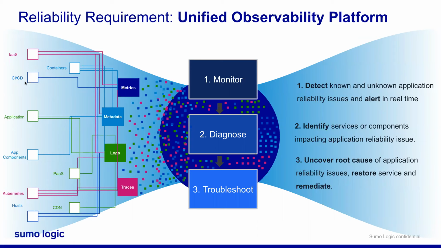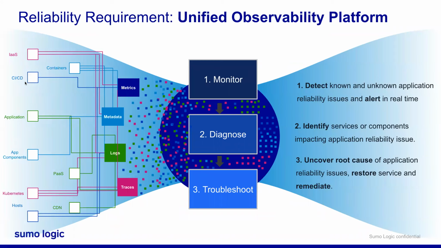Essentially, your data could be coming from your hosts, your servers, your application components like your database, security, microservice infrastructure, cloud infrastructure, and beyond that, CI/CD pipelines, CDN services, and load balancers.